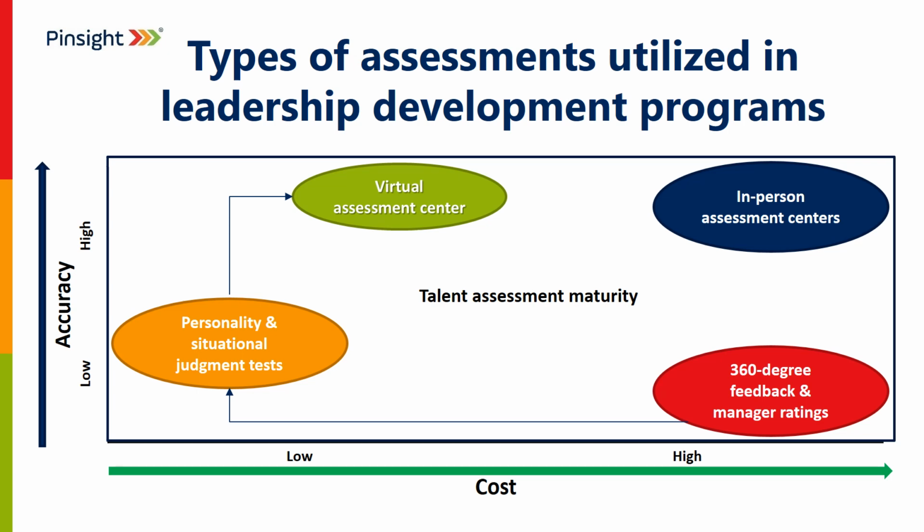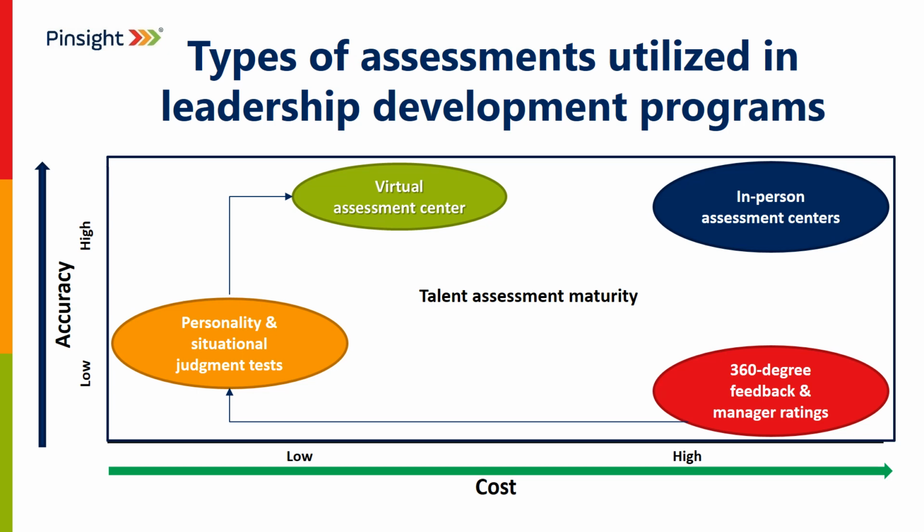There are also 360-degree feedback tools that you have probably used in your leadership development programs, but they also are quite low in their accuracy because you are not watching people in a standardized environment, and it's very difficult to observe their behavior at work and actually remember that behavior.